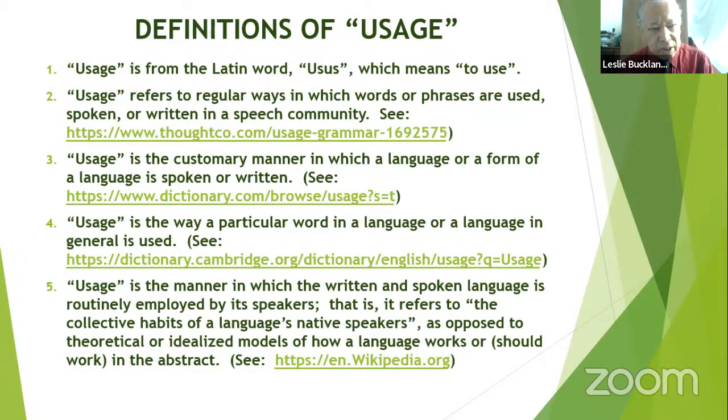Number 5, usage is the manner in which the written and spoken language is routinely employed by its speakers. That is, it refers to the collective habits of a language's native speakers, as opposed to theoretical or idealized models of how a language works or should work in the abstract.